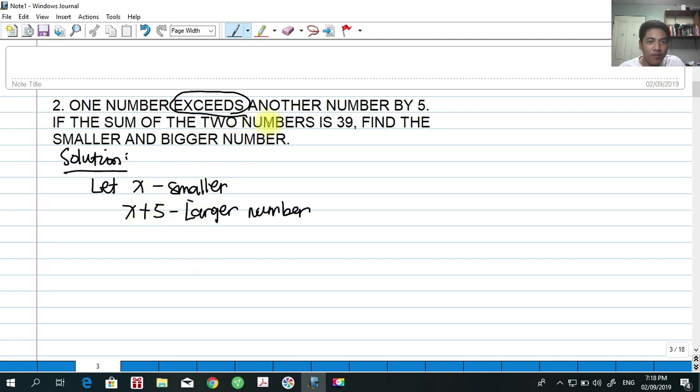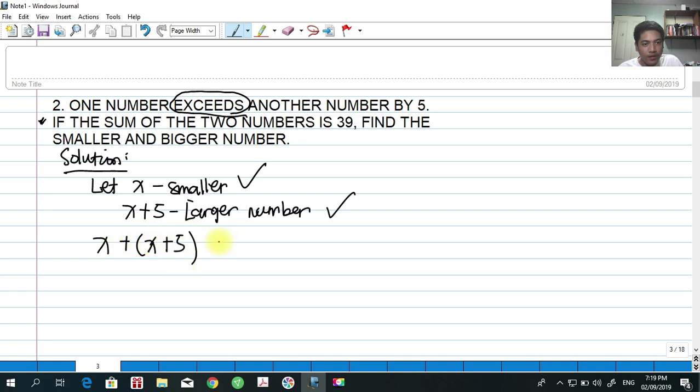If this is the smaller number, this is the bigger number. The second condition here is that the sum of the two numbers is 39. So we have to add x plus x plus 5.